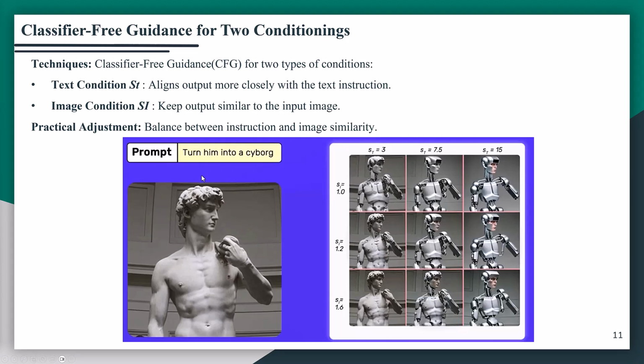As you can see in the picture, when we increased ST from 3 to 15, it's going to be more similar to the prompt, cyborg, and with increasing the SI from 1 to 1.6, it's going to be more similar to the first image, the sculpture.